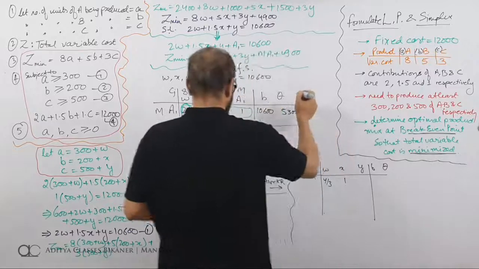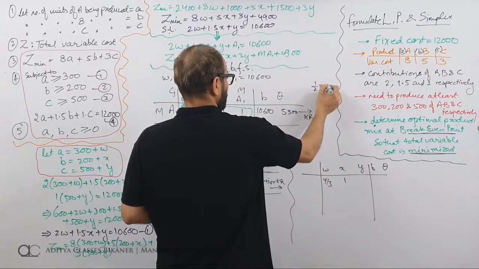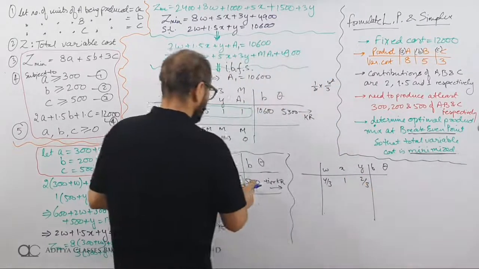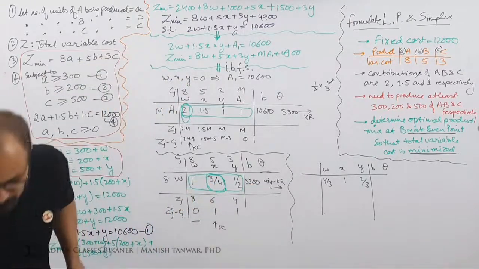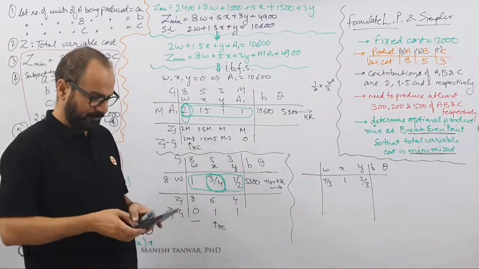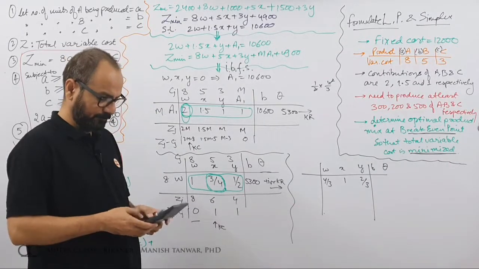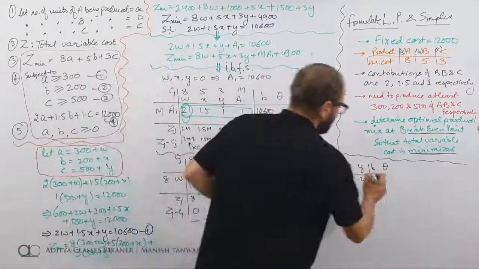If you divide half by 3 by 4, it will become 2 by 3. If you divide 5,300 by 3 by 4, we'll make it 7066.66.